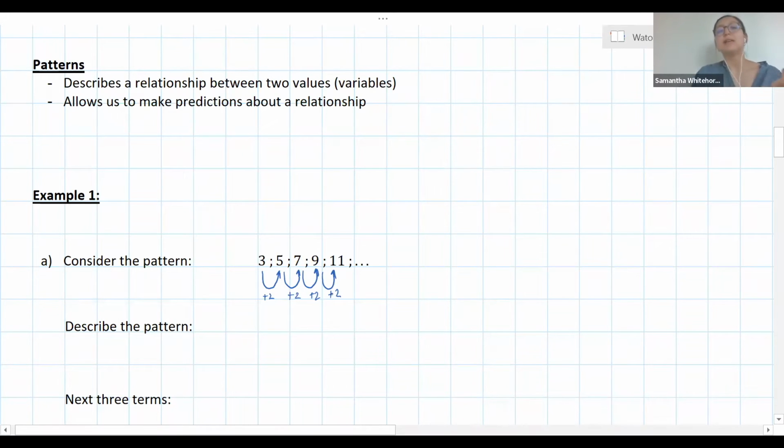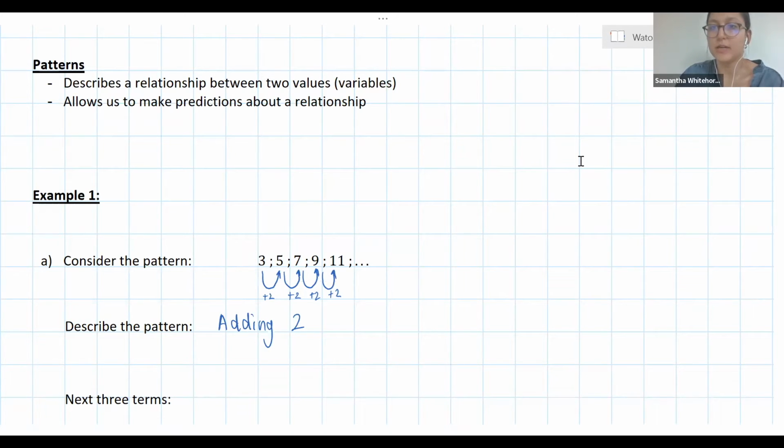And so it makes sense that if I've got an odd number and I'm adding 2, I'm going to continue this pattern of odd numbers. As Matthew said, if we want to describe this pattern, we don't need to write a whole long essay. We would just say that from one term to the next, we will add 2. Good, Matthew, well done.